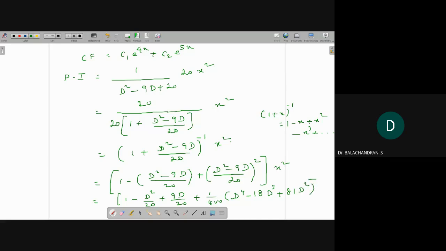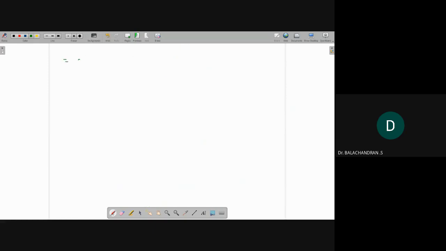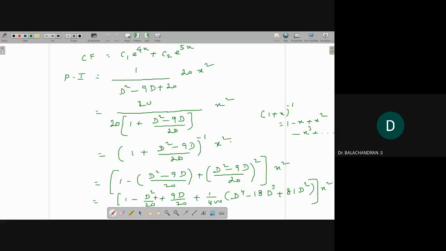Close the bracket and close this bracket, and then x square. Now multiply 1 into x square. The remaining part you can do easily. So 1 into x square is x square. And then d square of x square is 2. Better first simplify this and then operate on d square.